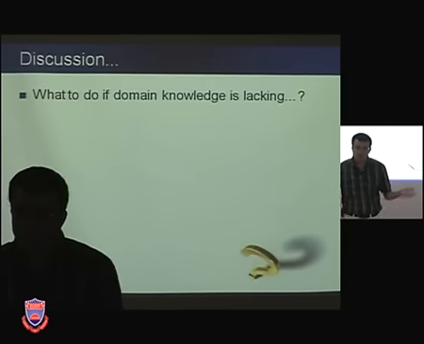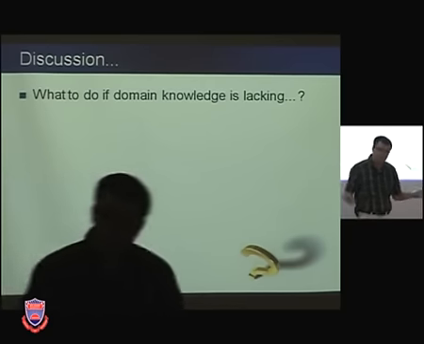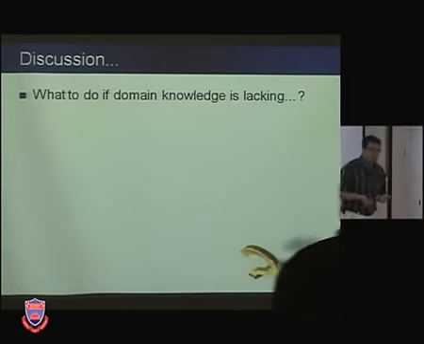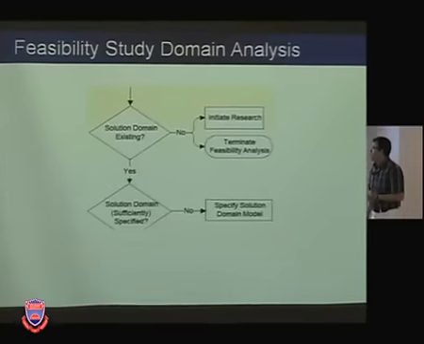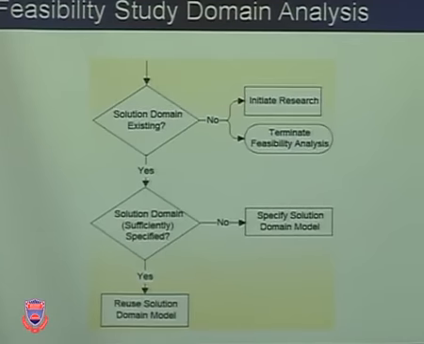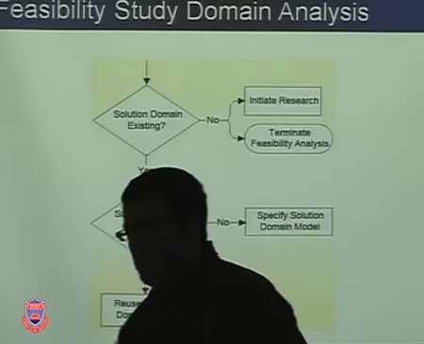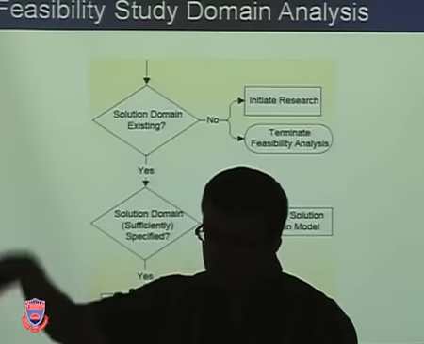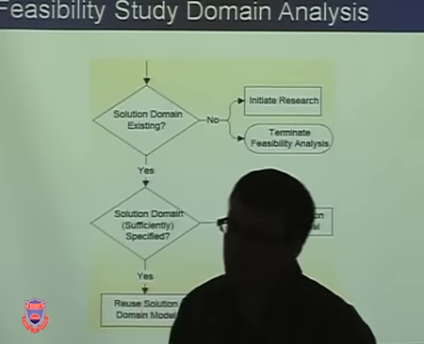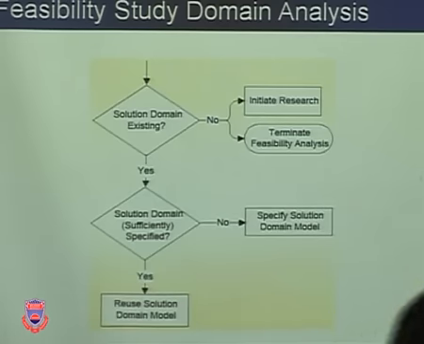Second, there's no knowledge. What can you do? You can try to do scientific research, right? You can try to gain that knowledge yourself. You put research on that problem, solve this problem. Once you have solved it, you can define the design.